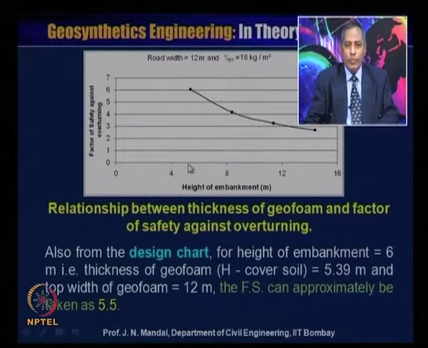Let us say the height of the embankment is 6 meters, somewhere here, and then you move up, and suppose it meets somewhere here, and then you move to the left side and it meets somewhere between 5 and 6. So, this will be about 5.5. So, the factor of safety can be approximated as 5.5.